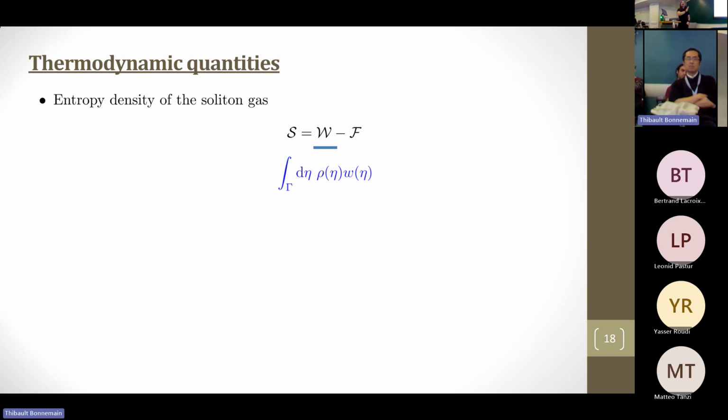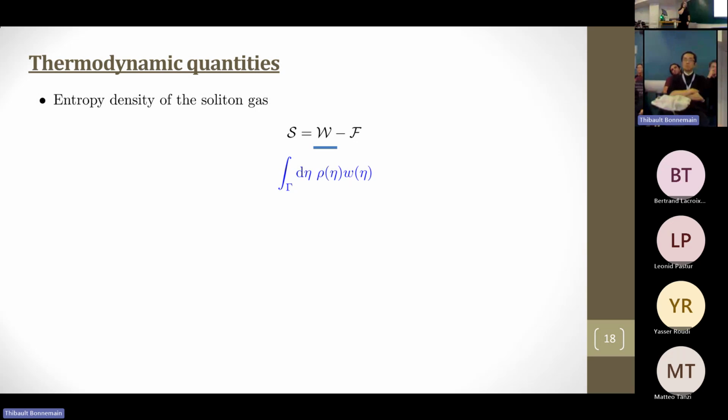So I have just characterized my GG, my statistical equilibrium, and using this previous construction, I will now show you how to compute some statistical, thermodynamic quantities.